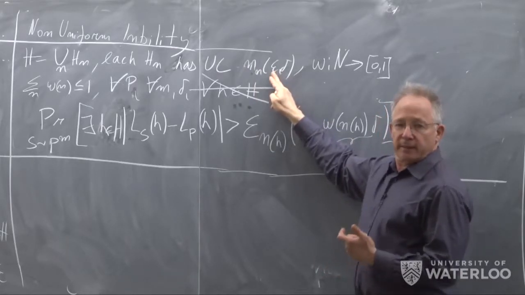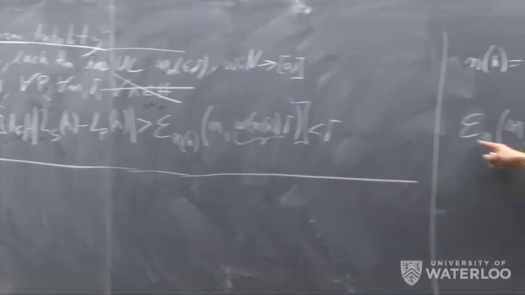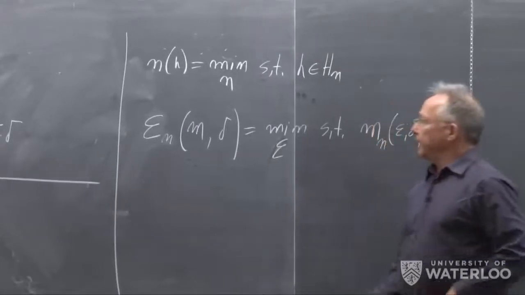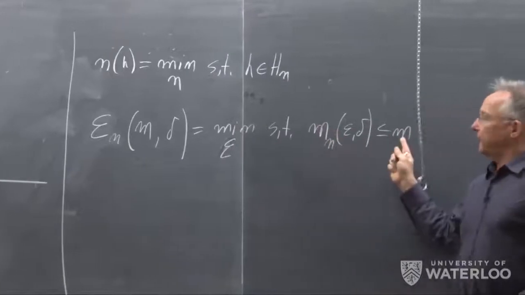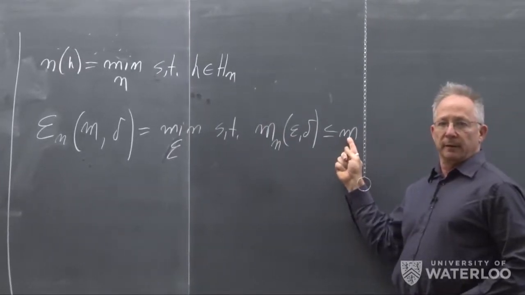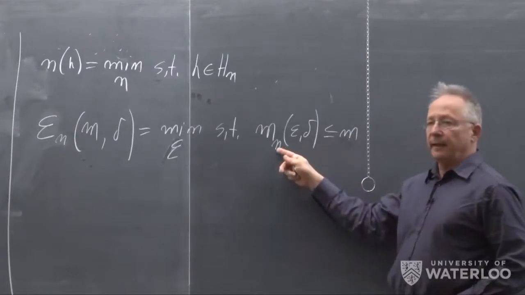How small is the epsilon that I will be able to tolerate? That's this function epsilon_n of m and delta. So it's the minimum error that I can guarantee given m points in the class H_n.